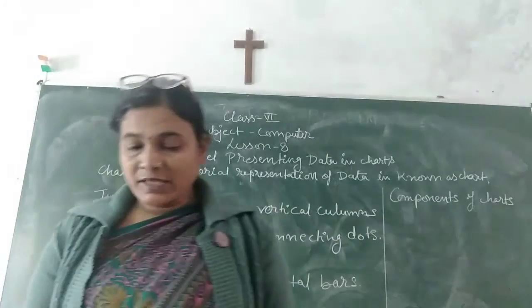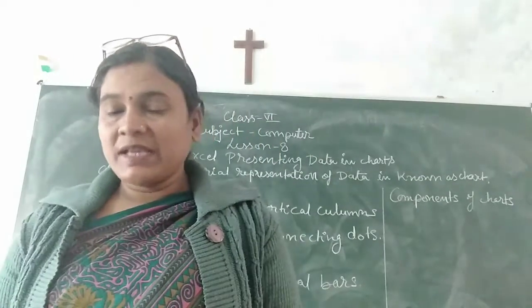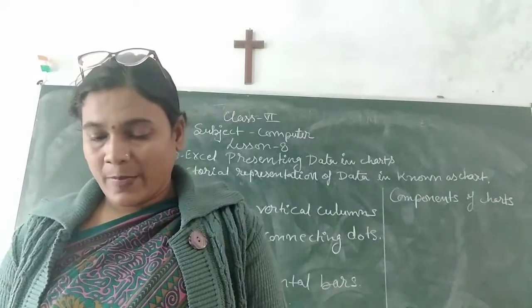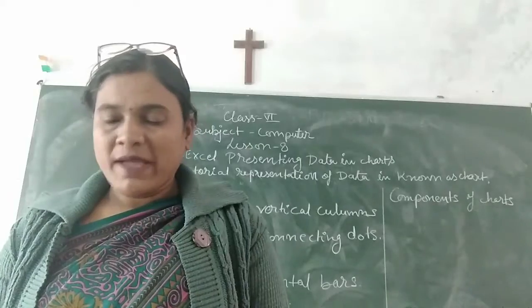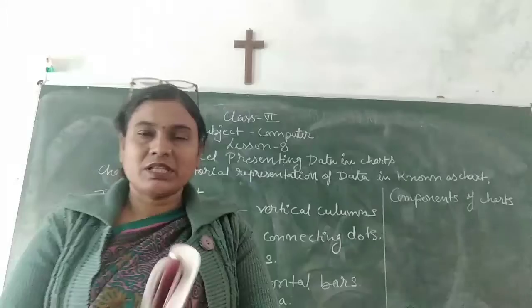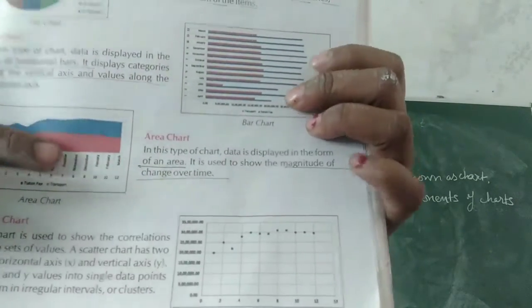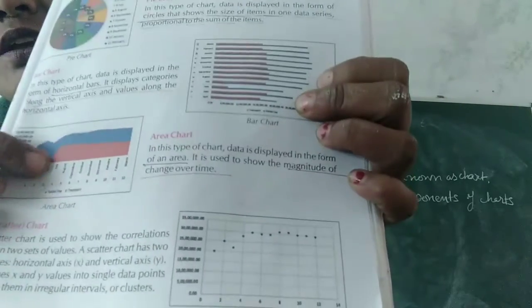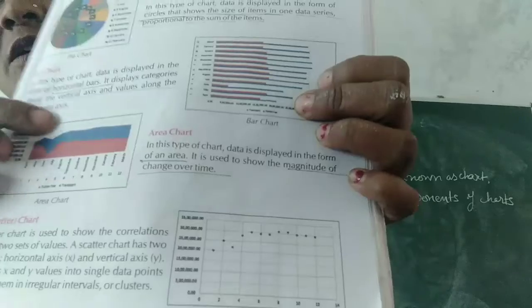An area chart displays the data in the form of an area. It is used to show the magnitude of change over time. See, this is the area chart, and all the data like red and blue data is shown by the area.